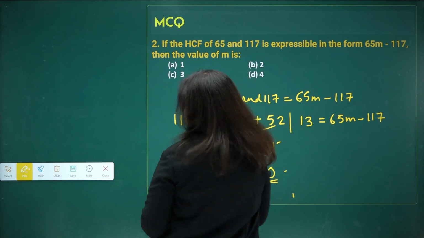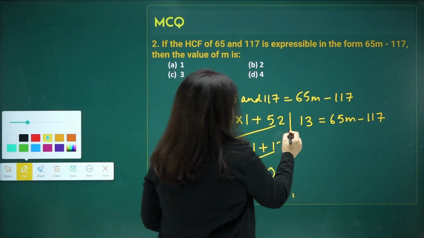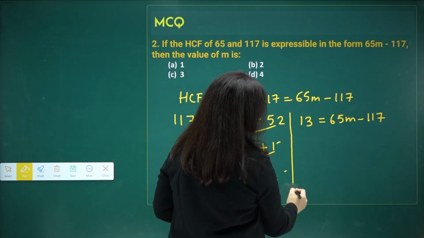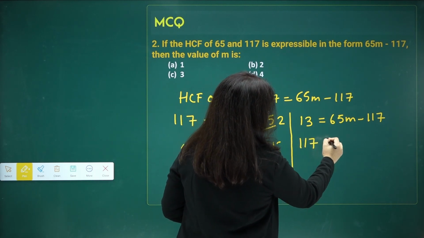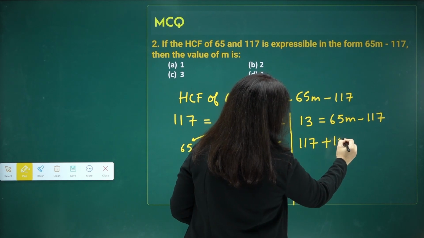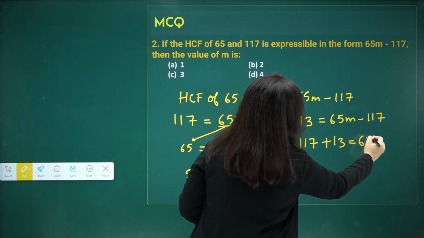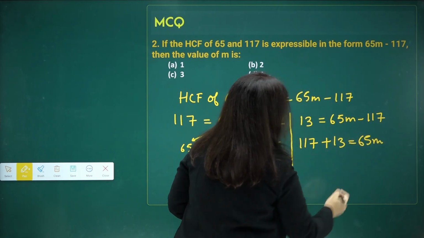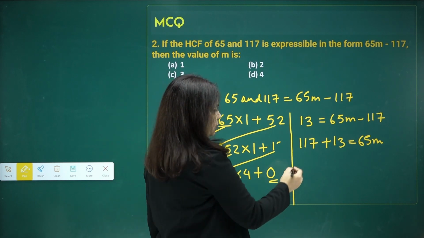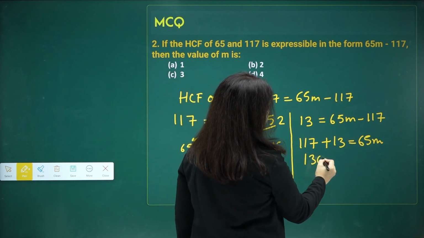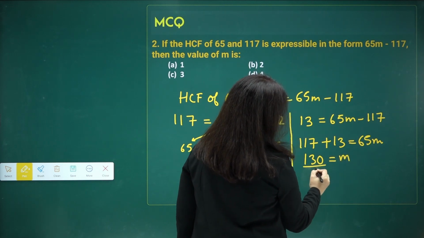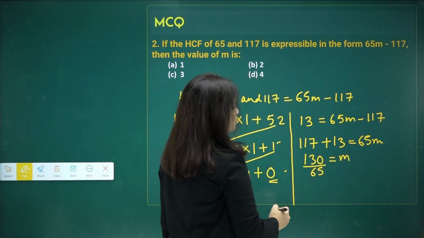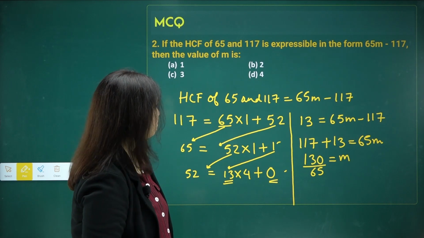So, from here we see 117 plus 13 is equal to 65m. So, 130 divided by 65 is equal to m.